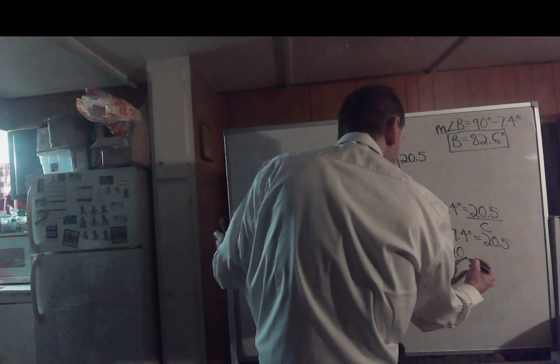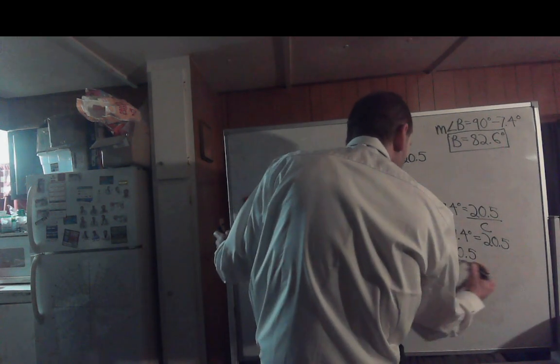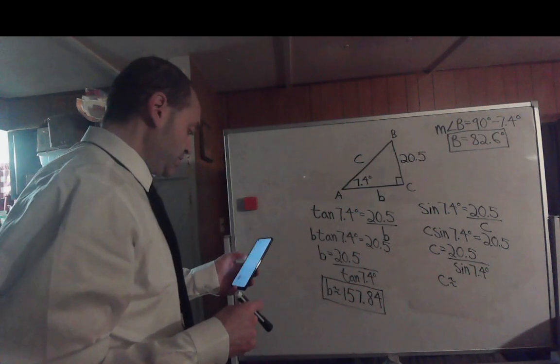So that means that C equals 20.5 divided by the sine of 7.4 degrees. Now we should be able to get about a 2 decimal place approximation for side C, the hypotenuse.